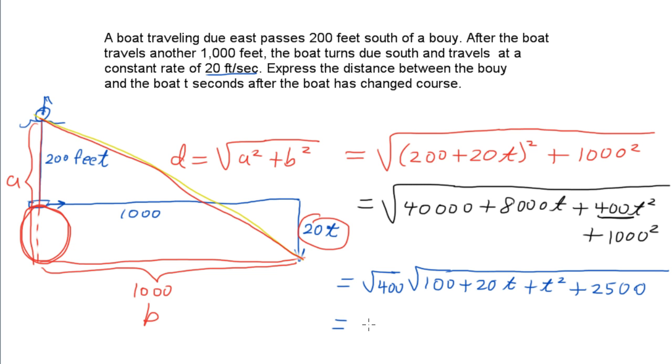So that's just simplifying these radicals. So I'm going to write this out. D, the distance in terms of t, this function, equals 20 times the square root of, add 100 plus 2,500, that's 2,600 plus 20t plus t squared.